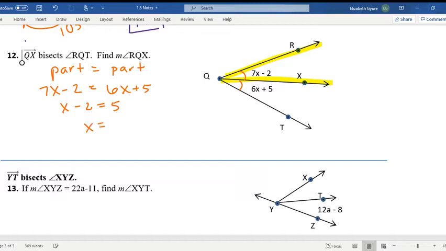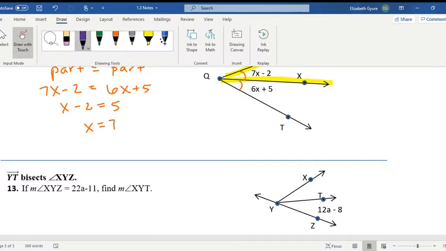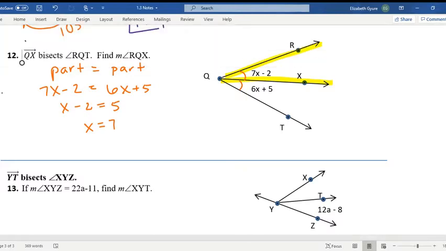Add your 2 over to get 7. And then it says to find the measure of that angle. So we're going to plug that back in here. The measure of angle RQX equals 7 times 7 minus 2, which is 49 minus 2, which is 47.